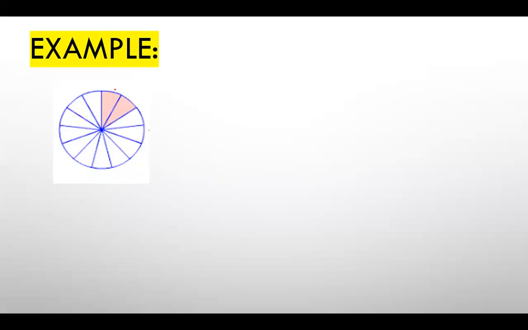Let's count its parts: 1, 2, 3, 4, 5, 6, 7, 8, 9, 10, 11, 12, 13. So how many total parts are there? There are 13 equal parts. The wheel is divided into 13 equal parts.